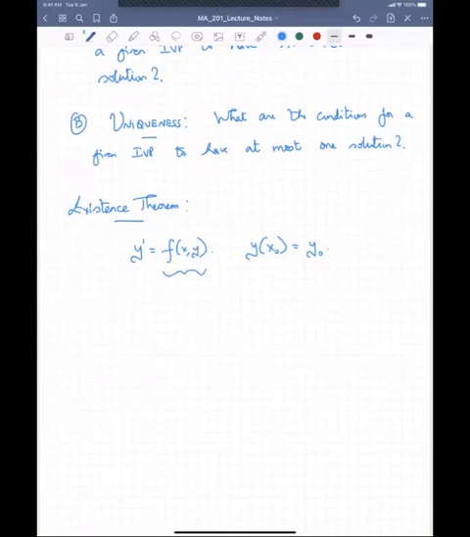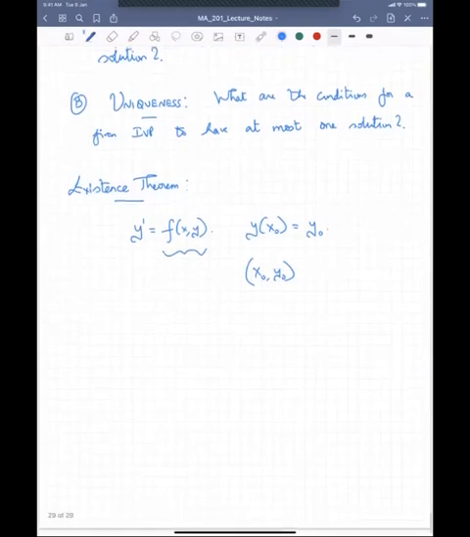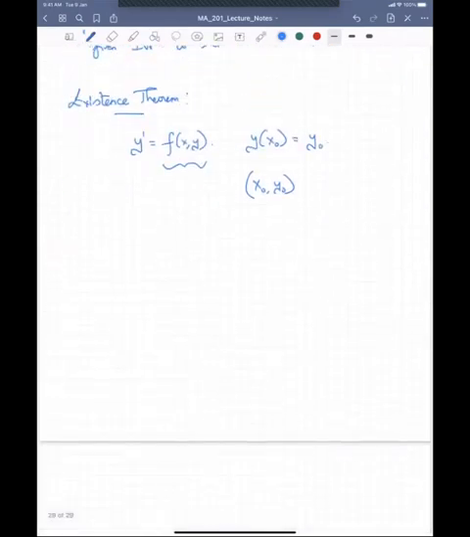If this function f of x, y, in the neighborhood of the points x0, y0, is continuous and bounded, then you are guaranteed that at least one solution exists. There could be many more. It doesn't tell you how many more. The value of this theorem is a little restricted, but it tells you that as long as this function f of x, y is continuous and bounded in the neighborhood of x0, y0.